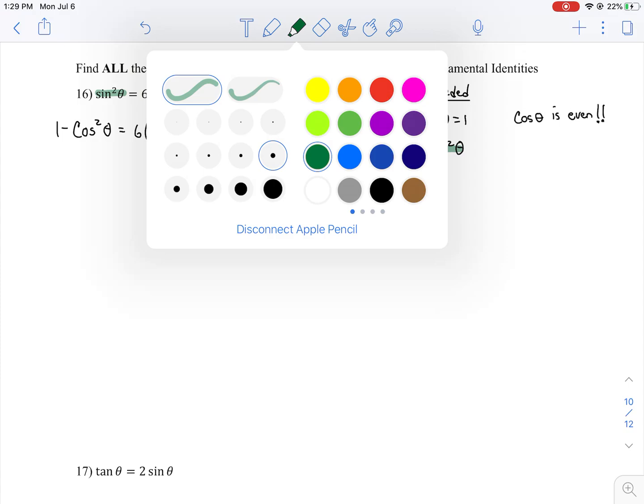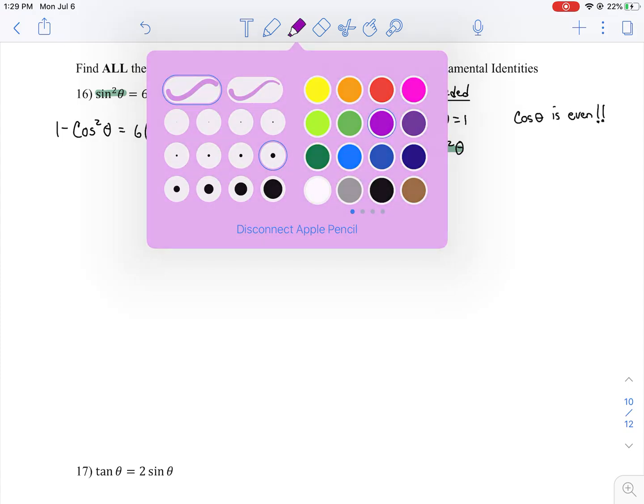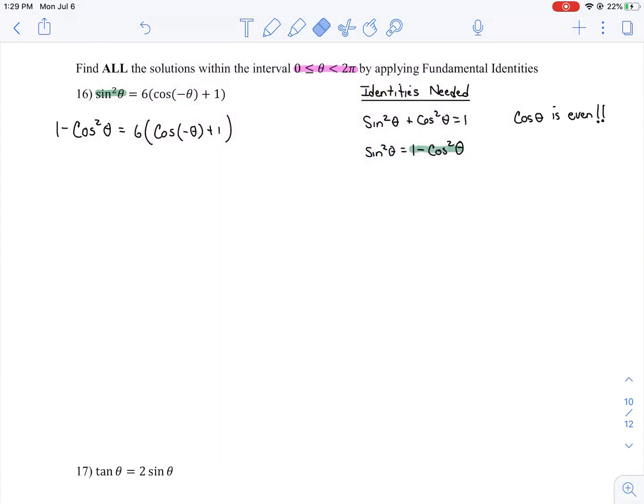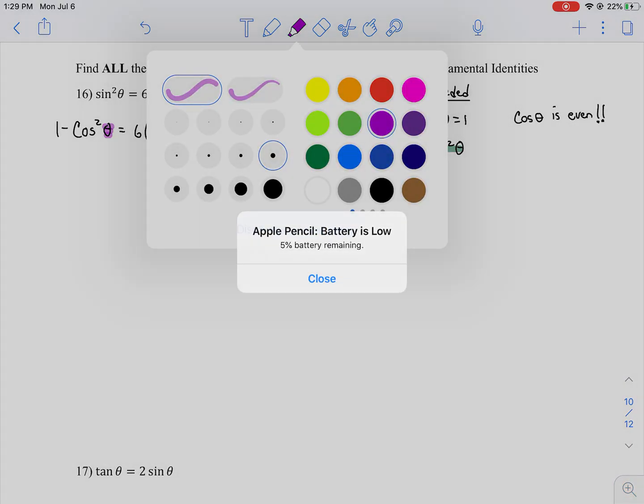Next, notice that the thetas don't have the same coefficient. In the expression on the left, it's positive theta, and in the expression on the right, it is negative theta. But what do we know about cosine?